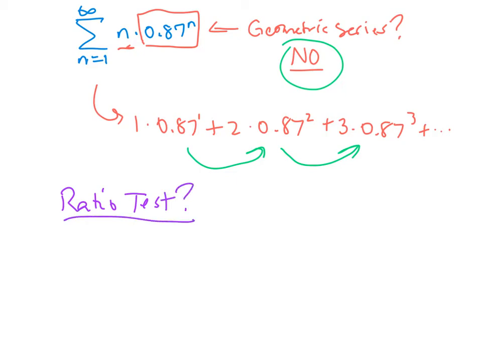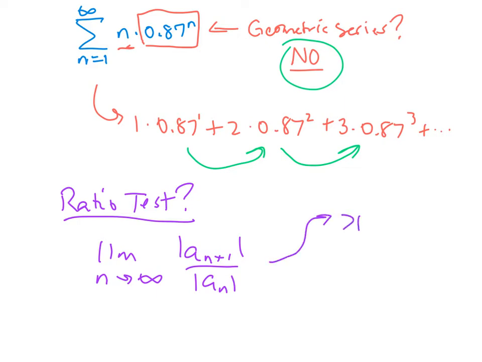Now, sometimes you use the ratio test and it doesn't give you any useful information. We calculate the limit as n goes to infinity of a sub n plus 1 over a sub n, that is the n plus 1th term of the series over the nth term of the series, with the absolute values on there. If I get something greater than 1, then I'm done. I know that my series is divergent.